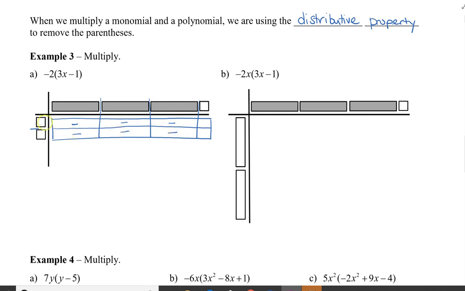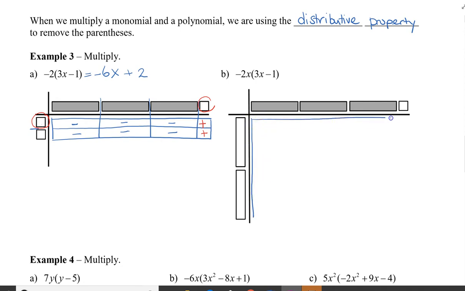And now we're going to take a look at the 1s, and we can see that we have a negative 1 over here times a negative 1 over here, that means that this has to be positive, same as the one below. So that means that my answer here, I have 6 x's, but they're all negative, so that's negative 6x. And then I have plus 2 for the 2 positives at the end. Let's take a look at one more.